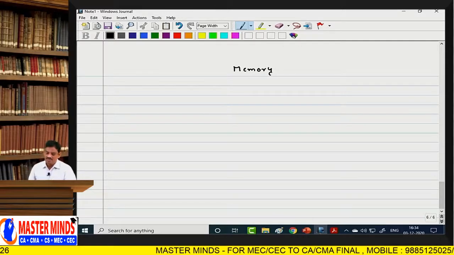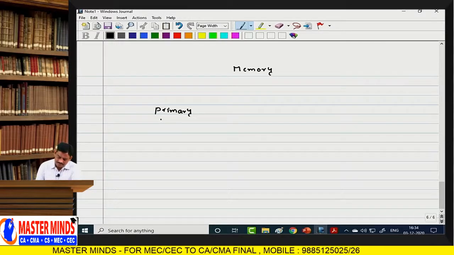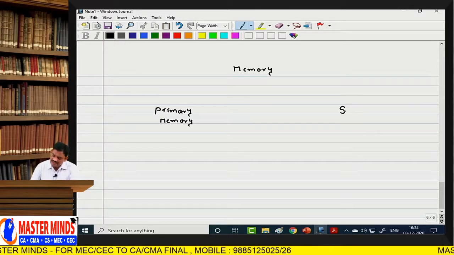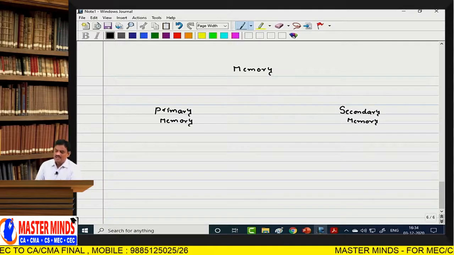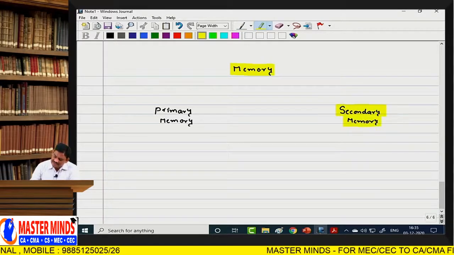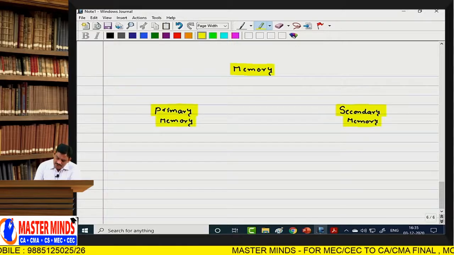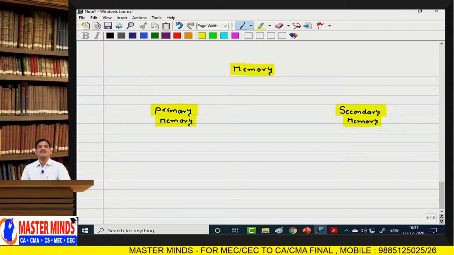We have two categories of memory: primary memory and secondary memory.